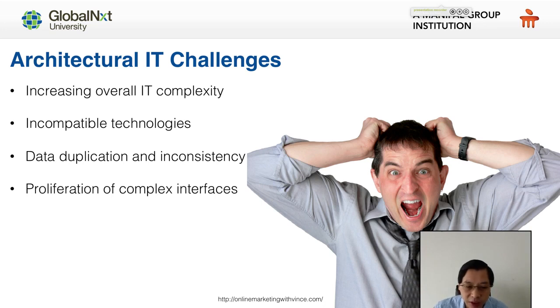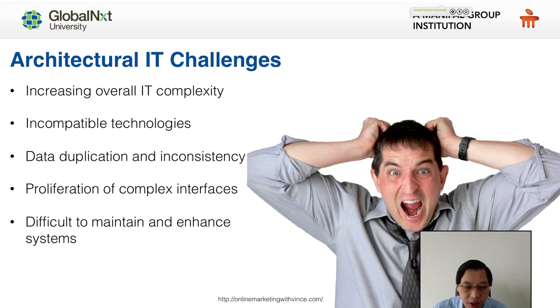So accessing these interfaces and trying to integrate these applications in different ways is just a big, complex challenge. And obviously, the more complex it is, the harder it is to maintain and enhance the applications within your IT architecture. And sometimes, particularly with the older technologies, it's actually hard to upgrade them. So these are some of the challenges associated with the modern IT architecture.